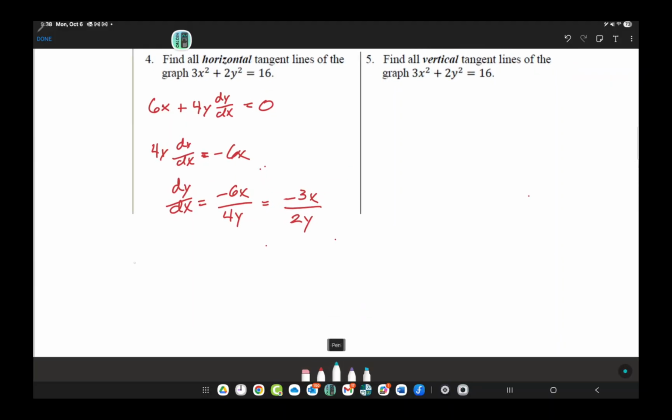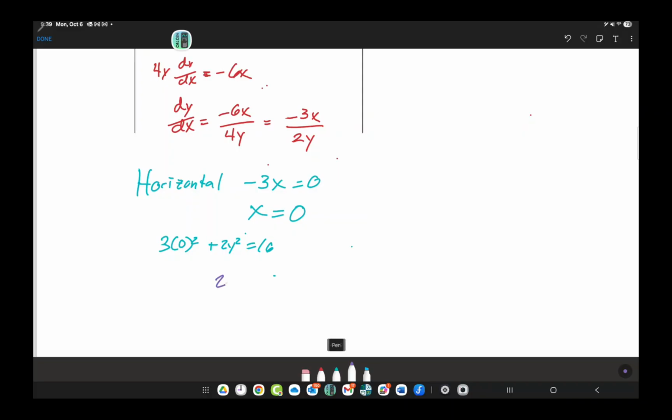So, for the horizontal, we take the numerator and set that equal to 0. So negative 3x is equal to 0, which means x is what? 0. So what we want is the coordinate, so we take 0 and plug it in. 3 times 0 squared plus 2y squared is equal to 16.